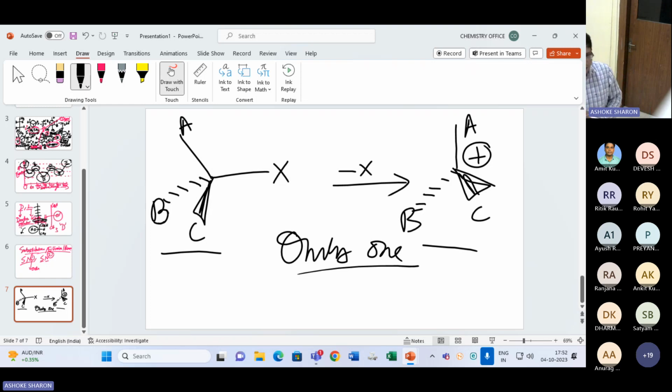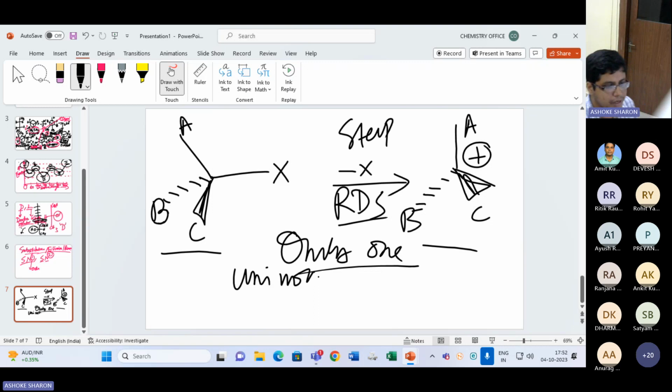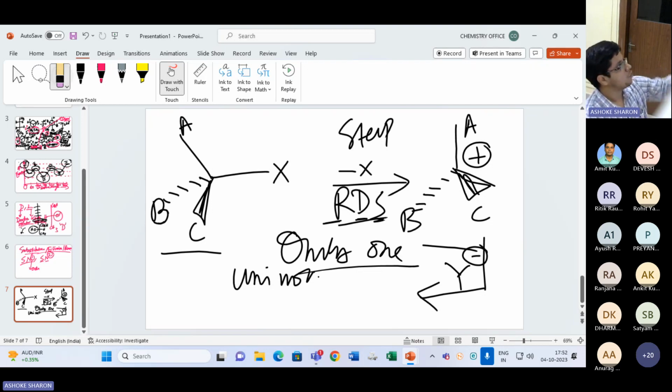That's why the term unimolecular comes. Now this is step 1, and this is the RDS, rate determining step. Now in step 2, what will happen if Y minus attacks? If Y minus attacks, what will happen?